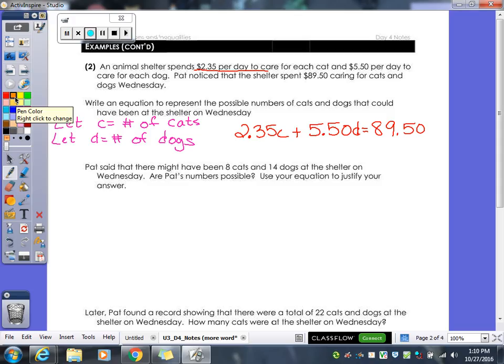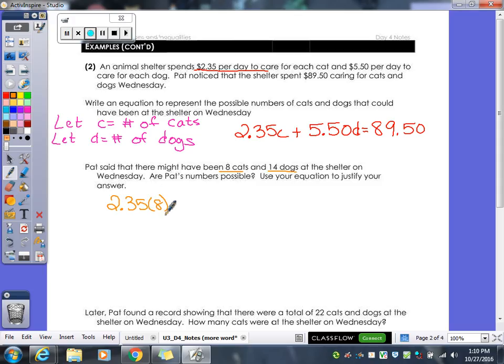So then our next part tells us that Pat said there might have been 8 cats and 14 dogs at the shelter on Wednesday. Are Pat's numbers possible? Use your equation to justify your answer. So what do you think we should do? Aaron? You should use 8c. Put 8 in for c.